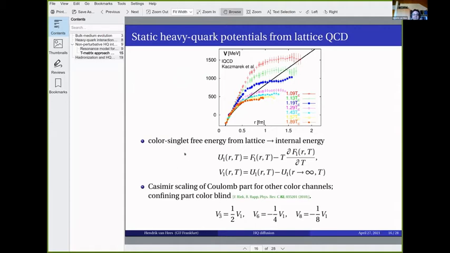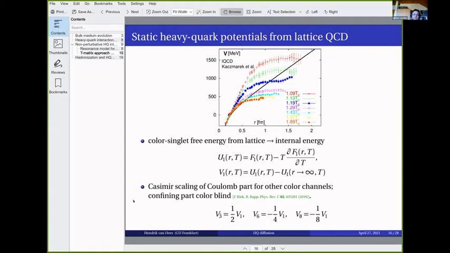One is directly the free energy, and the other is the internal energy as a potential. These are the two extreme cases: the free energy tends to be the weakest potential, and the U the strongest of all you can somehow extract from these lattice data.